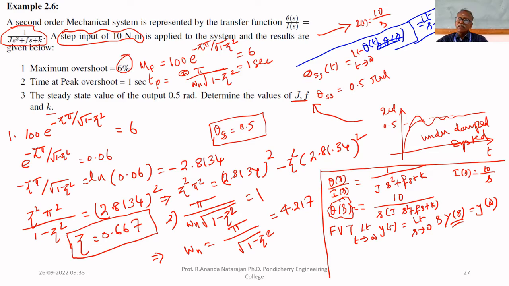Limit t tends to infinity theta of t equals limit s tends to 0, s theta of s. That is the final value theorem. So if you apply that final value theorem here, we will get theta of infinity.